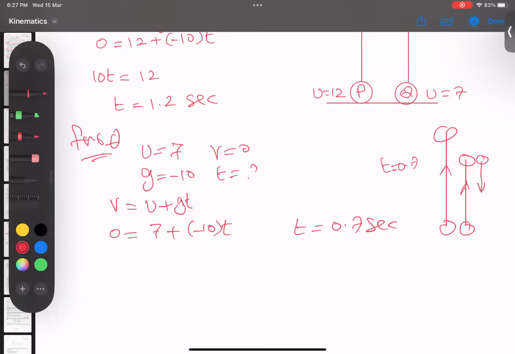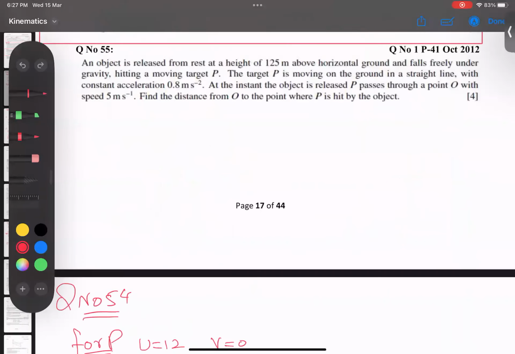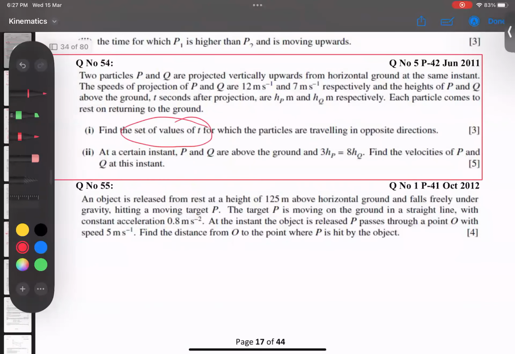I hope you got the point. This is P and this is Q. He was asking for the set of values of t, not one time, when the particles are moving in opposite directions.